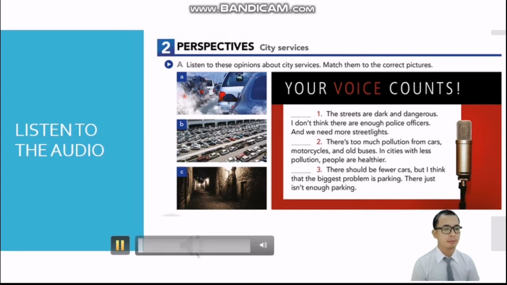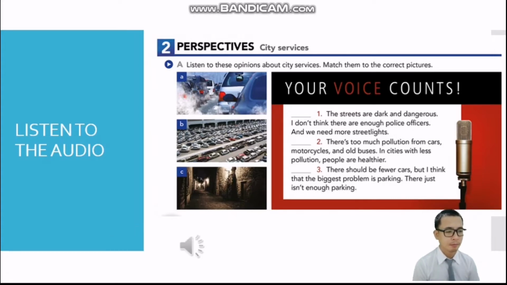Unit 2. Life in the City. Page 8. Exercise 2. Perspectives. City Services. Part A. Listen to these opinions about city services. Match them to the correct pictures. The streets are dark and dangerous.